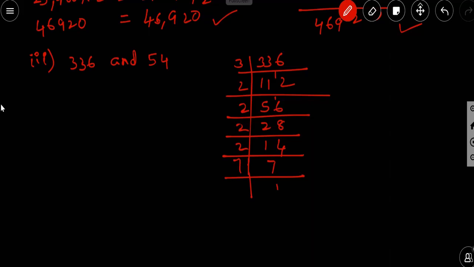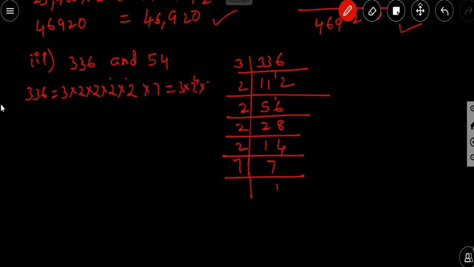So I'll write down here, prime factorization of 336 is equal to 3 into 2 into 2 into 2 into 2. How many 2s? 4. 1, 2, 3 and 4. Okay, so into 7. This can also be written as 3 into 2 to the power of 4 into 7.